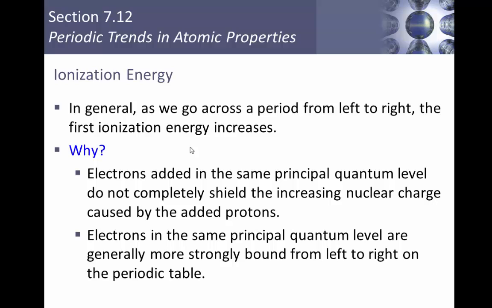As you go across the period, you're gaining more protons, but your electrons are going into the same energy level, so they're bound more tightly because of that increasing positive charge. The electrons aren't getting further away, so they can't shield the added electrons.